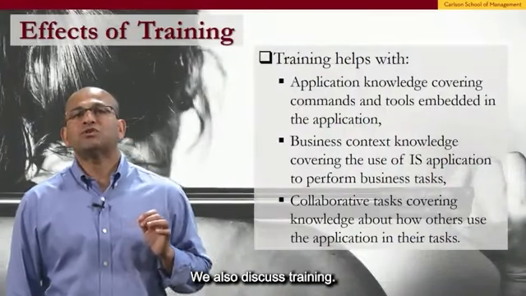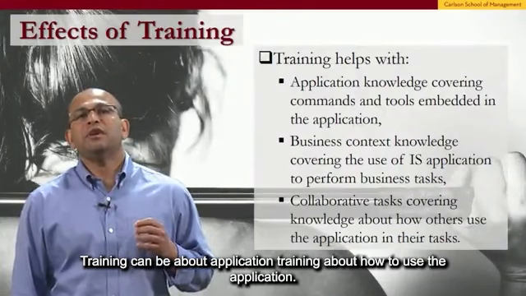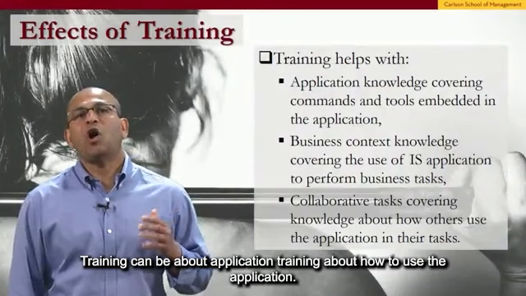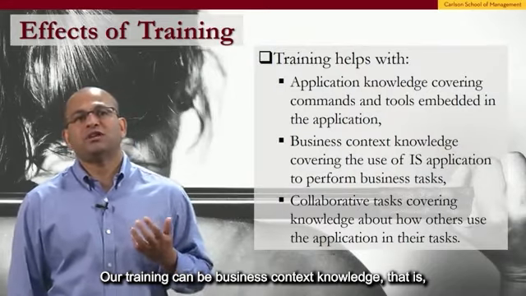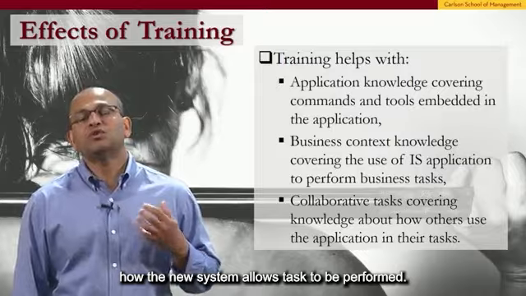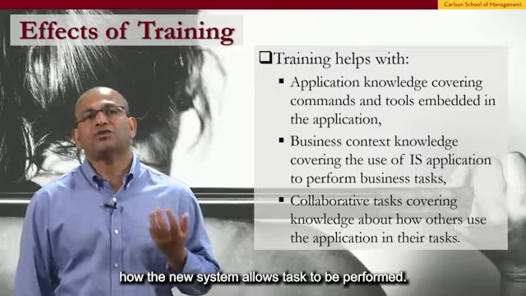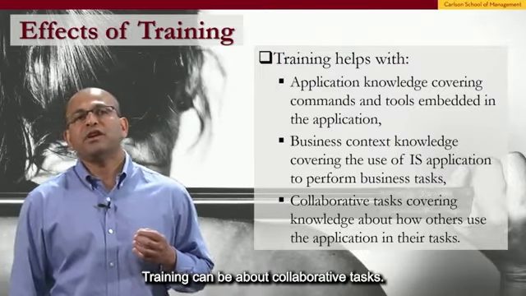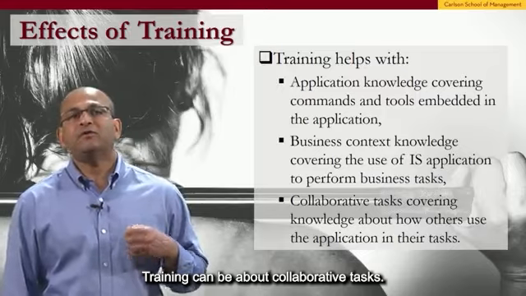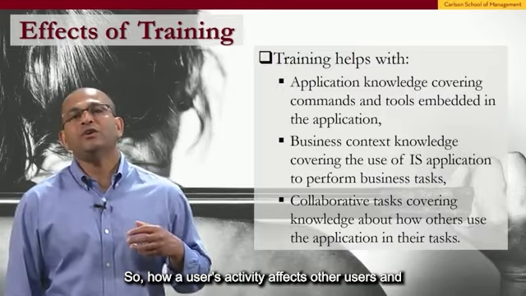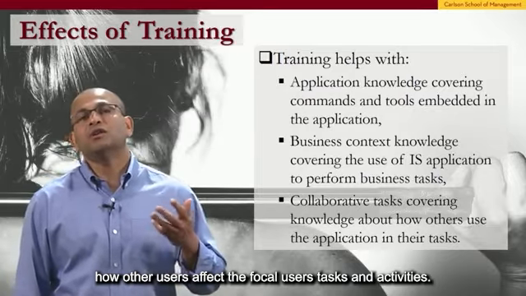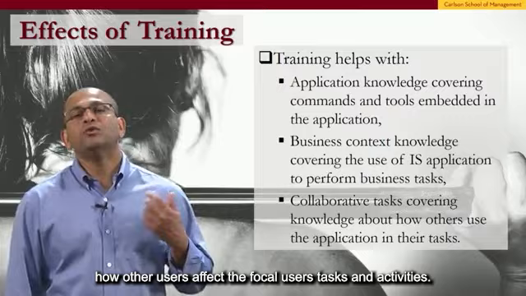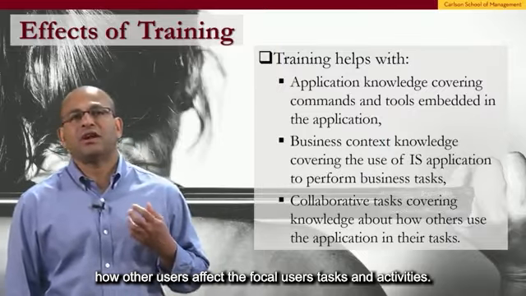We also discussed training. Training can be about application training, about how to use the application. Training can be business context knowledge, that is how the new system allows tasks to be performed. Training can be about collaborative tasks, so how a user's activity affects other users and how other users affect the focal user's tasks and activities.